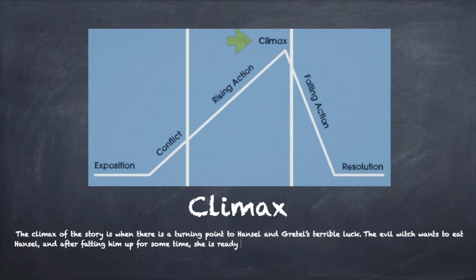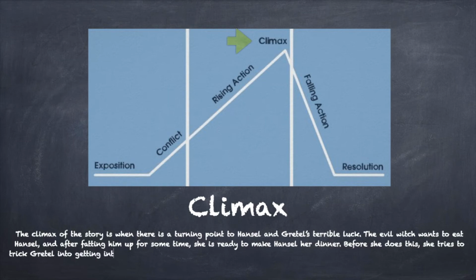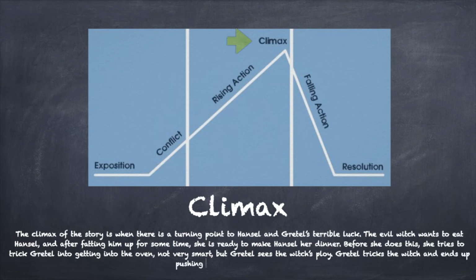She also realizes that as soon as she gets in front of the oven, the witch is going to push her in and kill her as well. So she pretends like she doesn't know how to turn the oven on or light the oven, and the witch gets really frustrated, steps in front of the oven, and shows Gretel, look, you can light it, you can get inside there, it's not scary. But Gretel knows her ploy. She knows what she's up to. So instead of the witch pushing Gretel in, Gretel pushes her in.